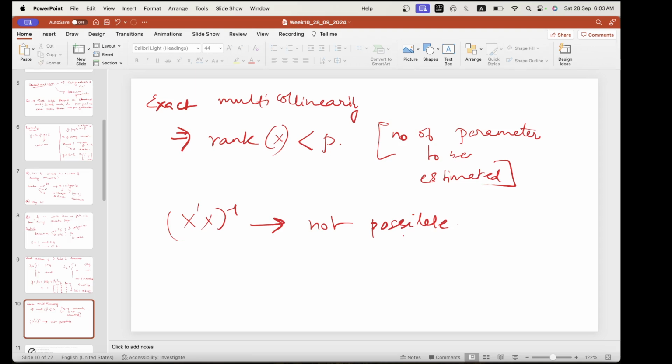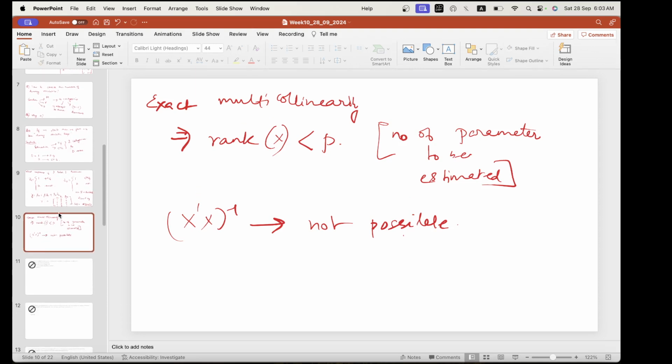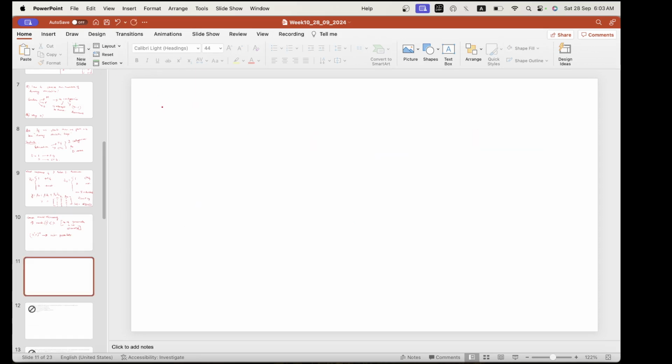Okay. So once we know that we should never use number of dummies equal to number of categories, what is the go-to situation? If I have m categories and if I am using an intercept model, then I should go for m-1 dummies.